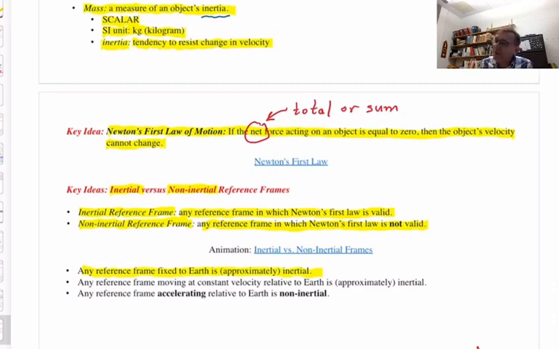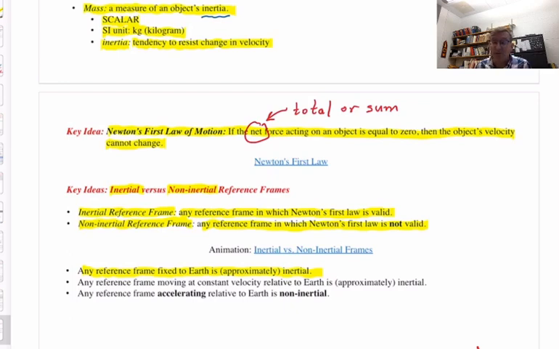And if you have certain situations, you can see deviations from Newton's first law. We won't worry about those in this class. As far as we are concerned, solving any homework problems, doing any example problems in class, any reference frame fixed to the Earth will be inertial, and therefore Newton's first law will be valid.